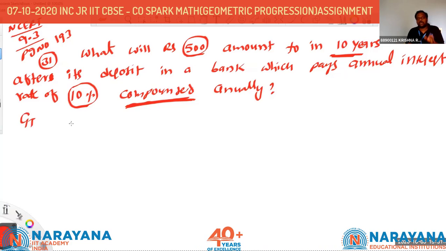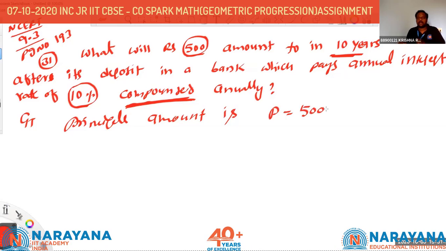Given that the principal amount is P equal to 500. What is the rate of interest? The rate of interest is 10%.